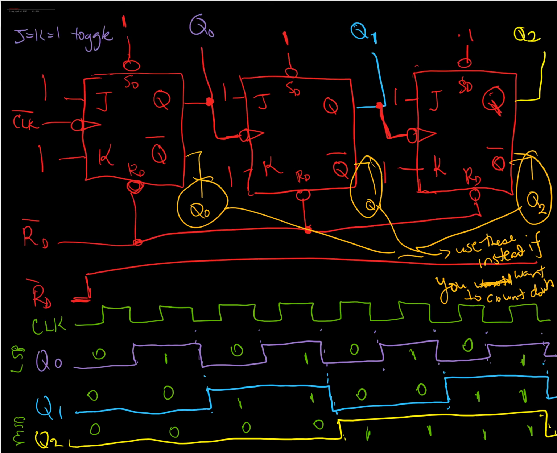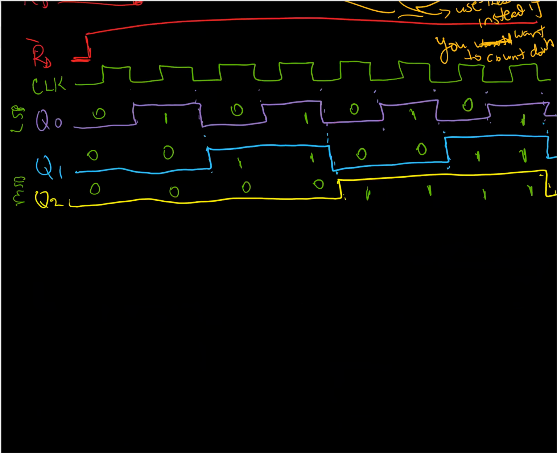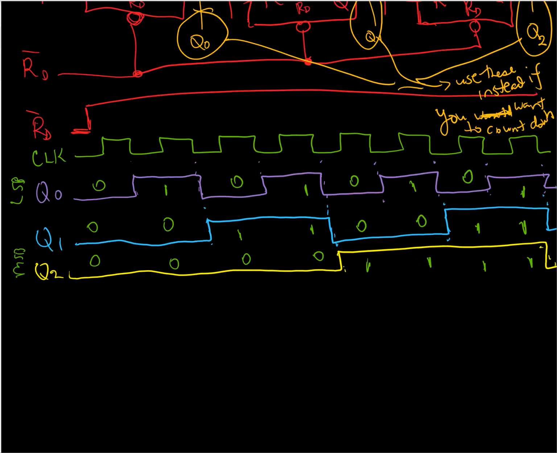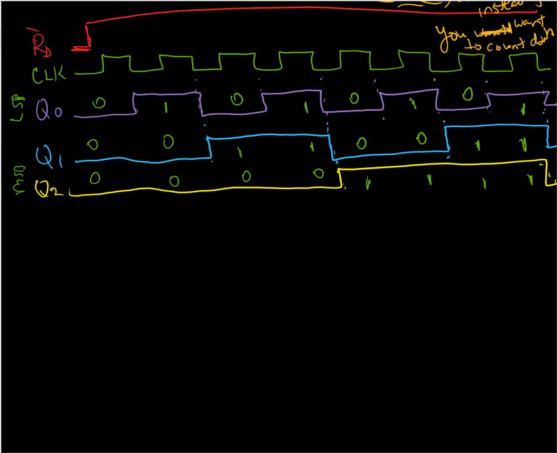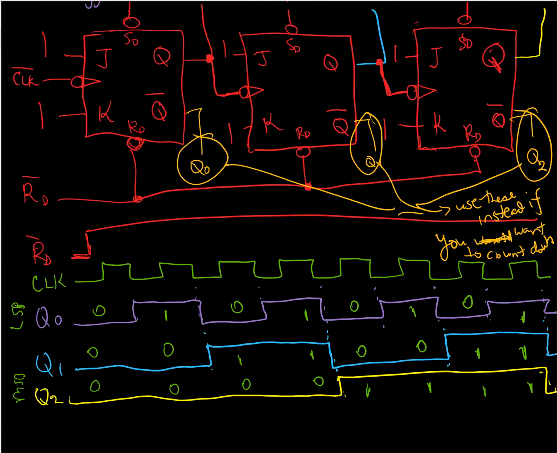Okay, so now I'm going to show you that. I'm just going to scroll my diagram up a little bit, so you can't see the diagram, but I'm taking the Q bar outputs as my outputs for when I want to count down.